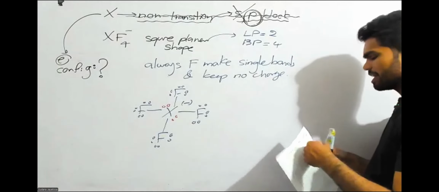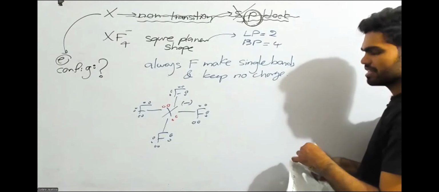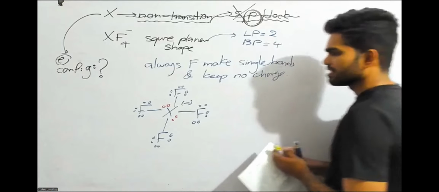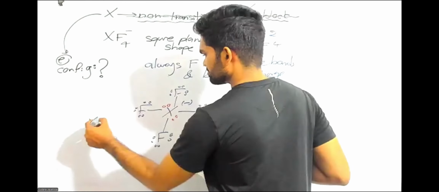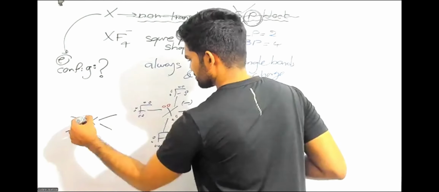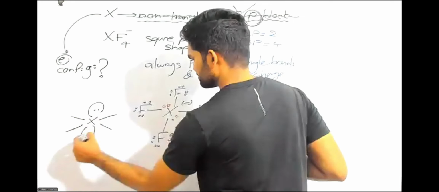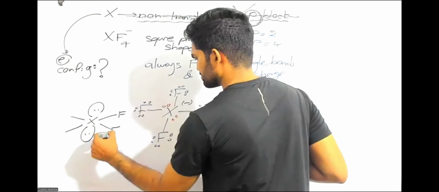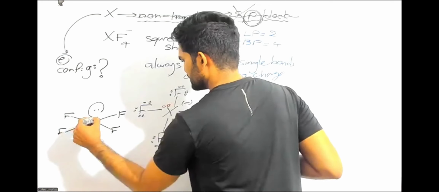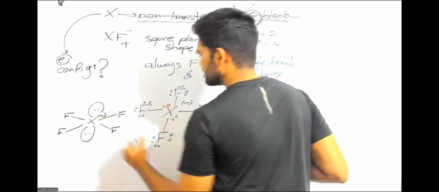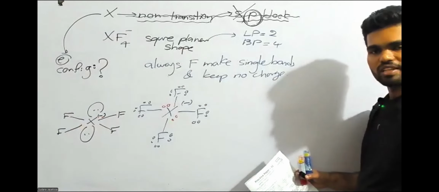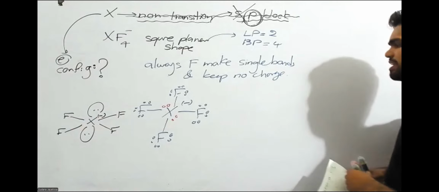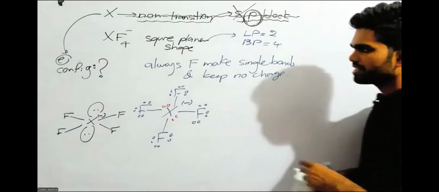To represent it nicely, you can draw it like this: the 2 lone pairs, these are the fluorine atoms, and here you have the negative charge. Understood?